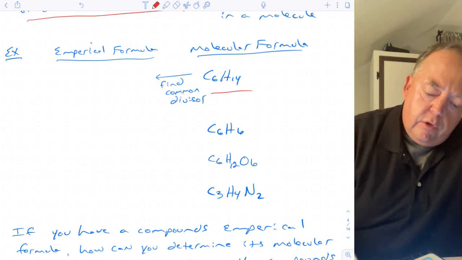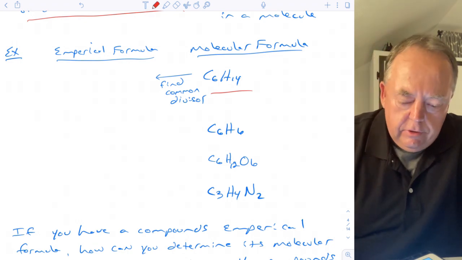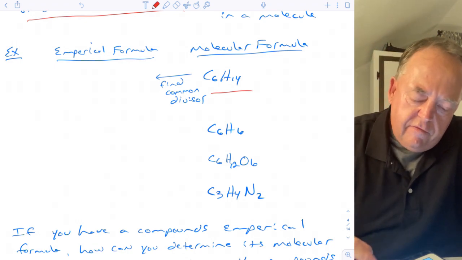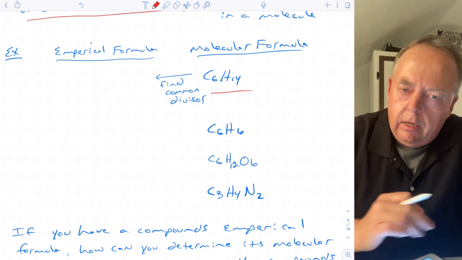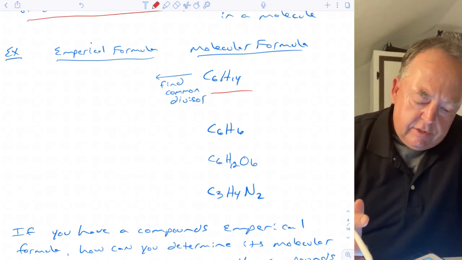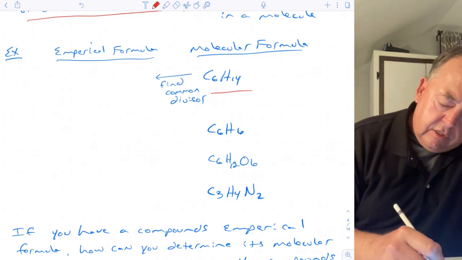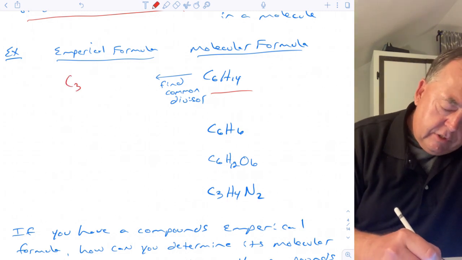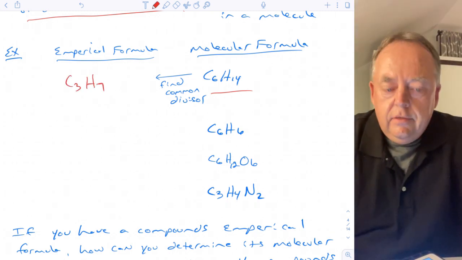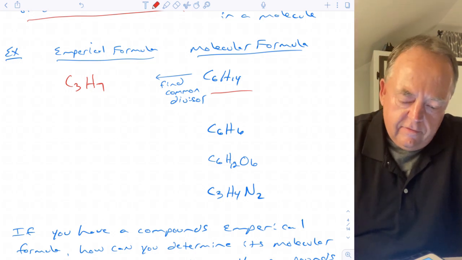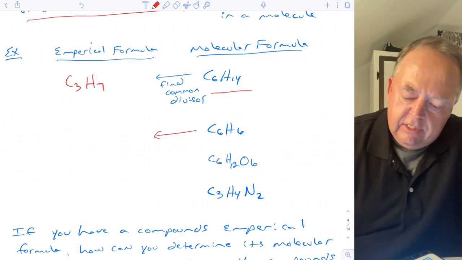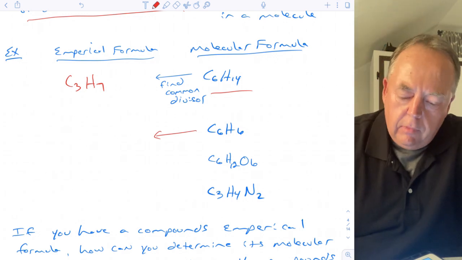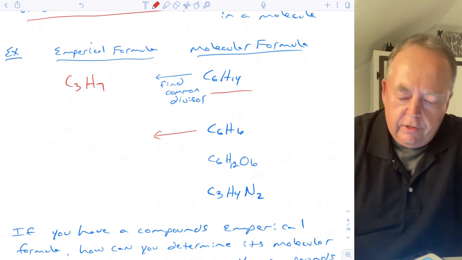So its empirical formula would be the smallest ratio. If you want to get the empirical formula, you find something that you can divide both numbers by to get to the smallest possible ratio. So you could reduce this by dividing both by 2, so C3H7, right, would be the empirical formula for C6H14. If you wanted to reduce C6H6 to its smallest ratio, well, that would be a 1-to-1 ratio, right?